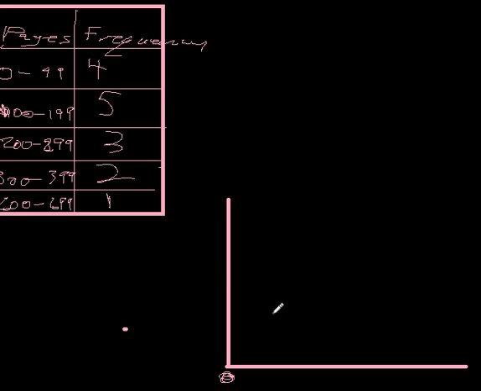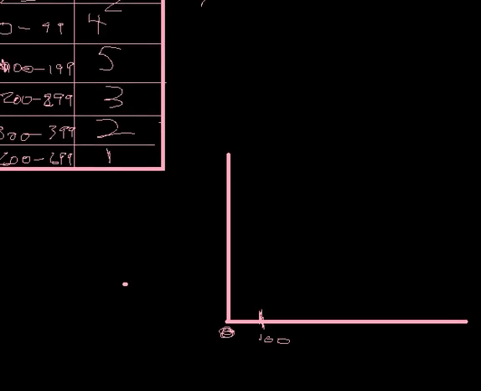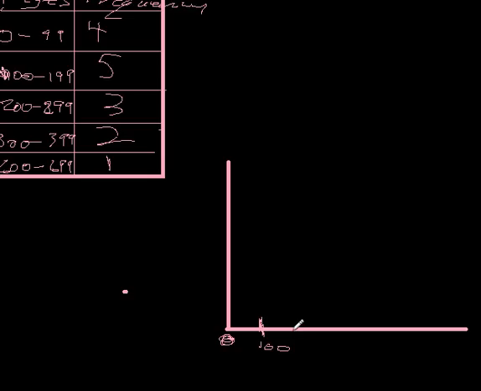So now I've got 0 labeled. And what's my next interval that I'm going to have up there? Well, let's just call it 100. Let's make my next value actually 100, just right here. So this is going to be the 100 mark. And I should probably give a little bit more space so we can see it. Okay, there. So 100.